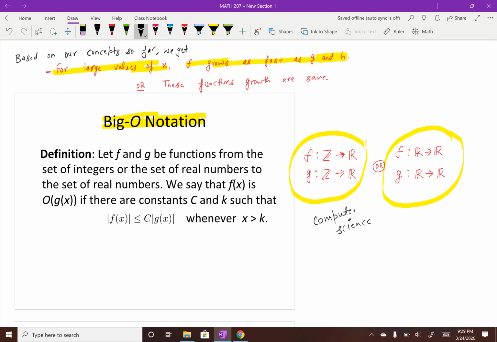If you define those functions f and g from real numbers to real numbers, you will see this definition is mostly applicable to mathematics.